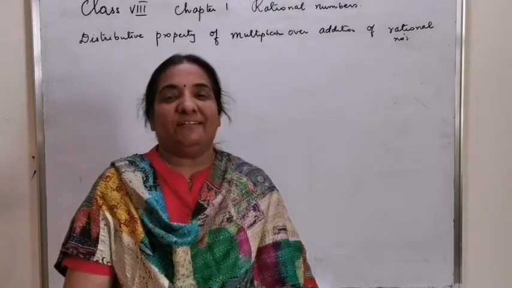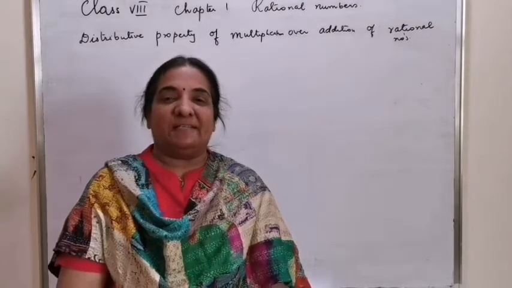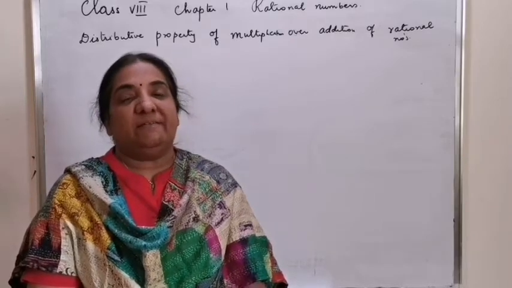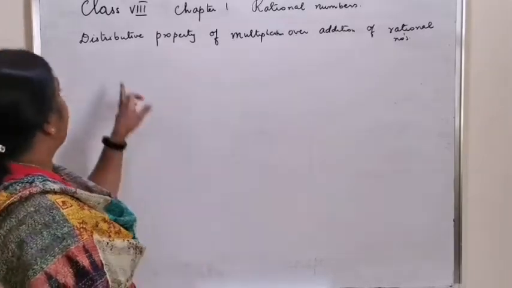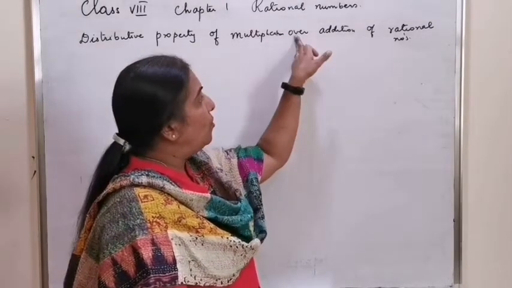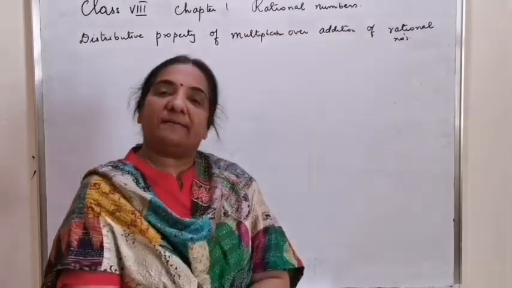Good morning, children. Today we will be discussing the last property possessed by rational numbers, the distributive property of multiplication over addition of rational numbers.